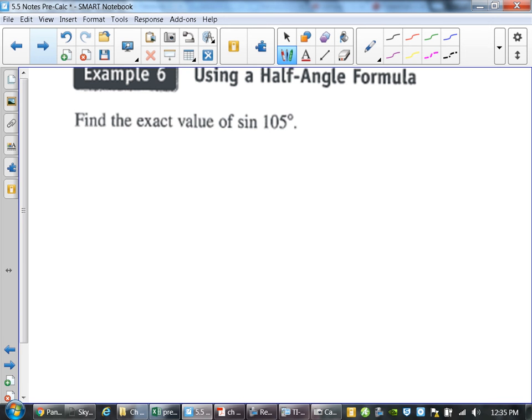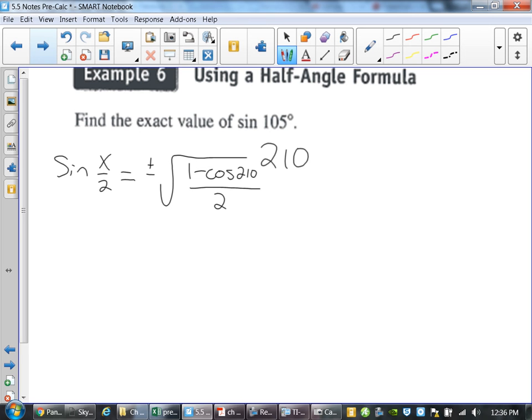So that means I'm going to use 210 as my value of x. So half angle says sine of x over 2 is going to be, where our x is 210.